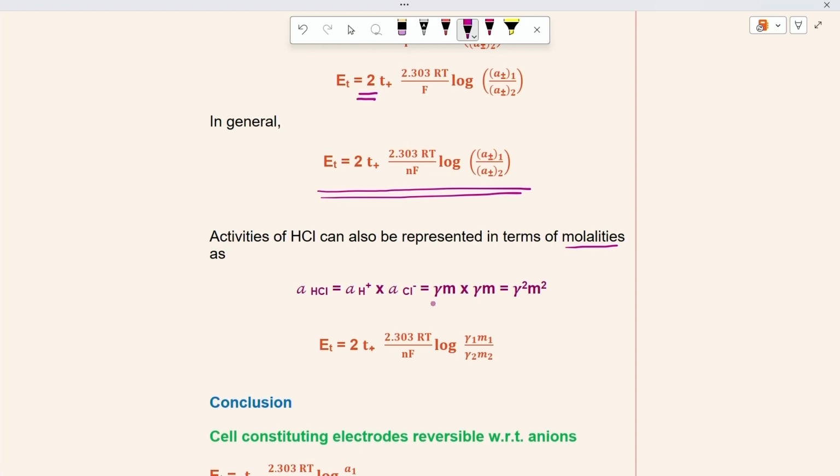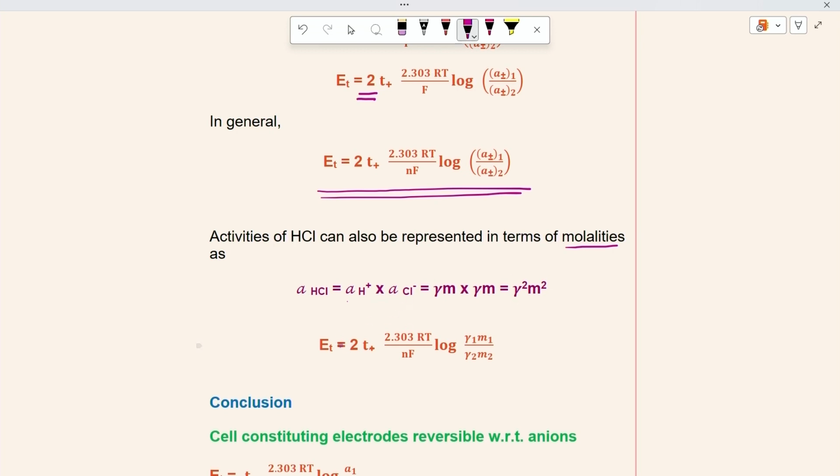Now, again, we are going to consider that in terms of molalities. We know that activities are the product of activity coefficients with molality. So, the activity of H+ can be written as activity coefficient into molality. Again, that of chloride also will be activity coefficient into molality, where that is equal to gamma square m square.